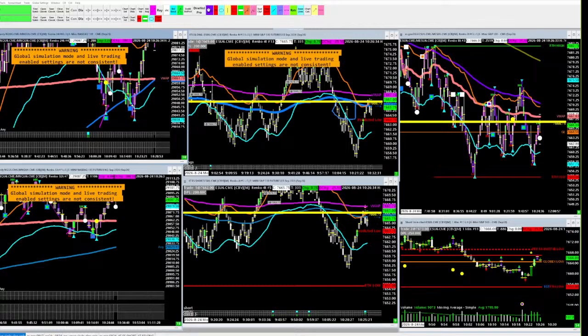Why is it not executing? Anyone else fill on that? I get a white dot down there. I don't have a trade lock. Anyone else? I don't understand why it's not filling. Let me go to my order book.